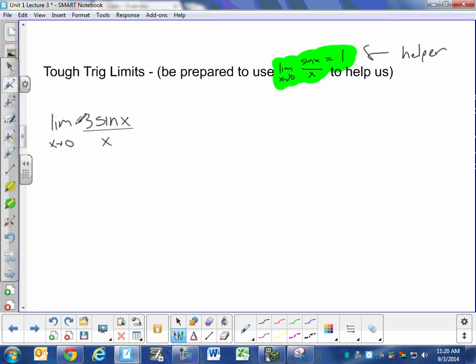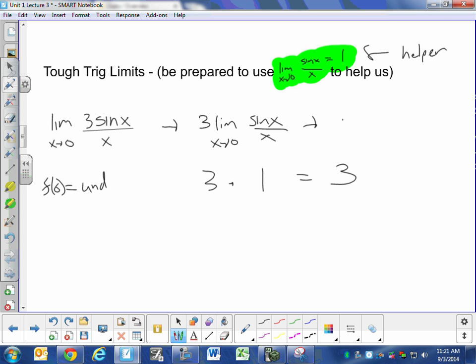Well, let's take this first limit as x approaches 0. If I plugged in 0 everywhere, I'd get an undefined value. Not good. But using my limit properties, I see I have a constant times sine x over x. I could pull that constant out if I wanted to. Now I have a constant 3 times the limit as x approaches 0 of sine x over x. I know this limit is 1. So this turns into 3 times 1, which is 3. Simple.